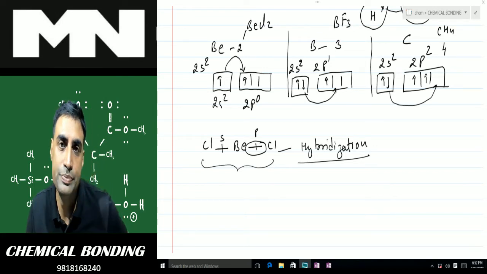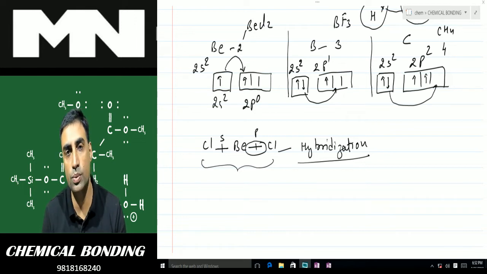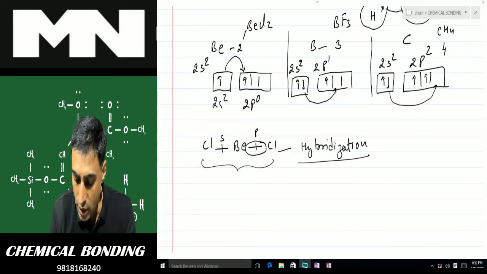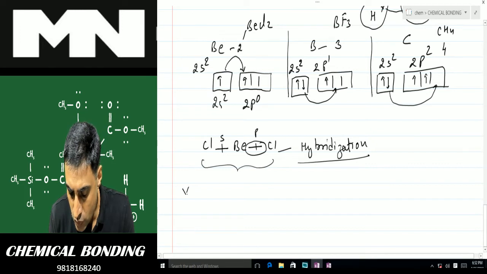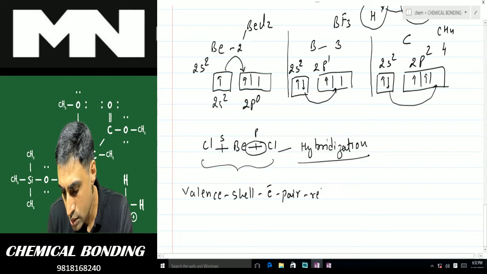Welcome back. Students, before starting with hybridization, we'll see a theory on which the shape of the hybrid orbitals is based. We call it valence shell electron pair repulsion theory.